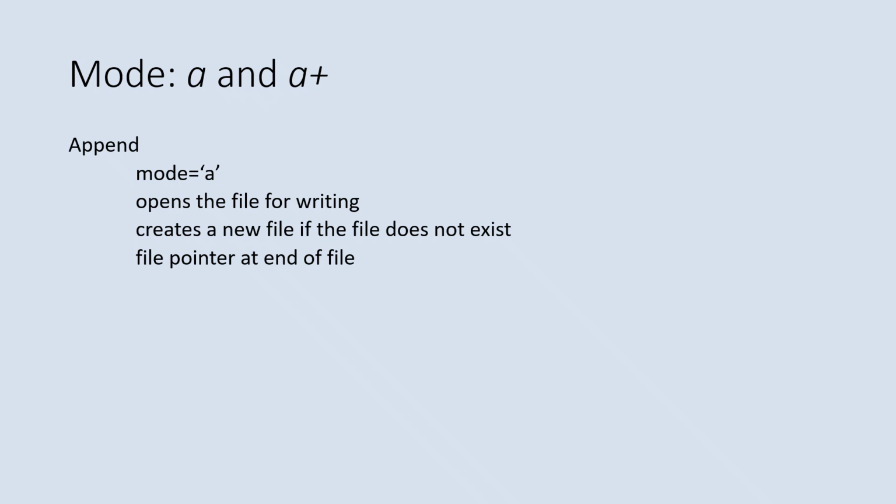There is a way in this scenario to change the location of the file pointer, and we'll see in a few minutes a method called the seek method, and you can change the location. But if you've opened in append mode, even if you change the location and then say write something, it's still going to append to the end of the file.